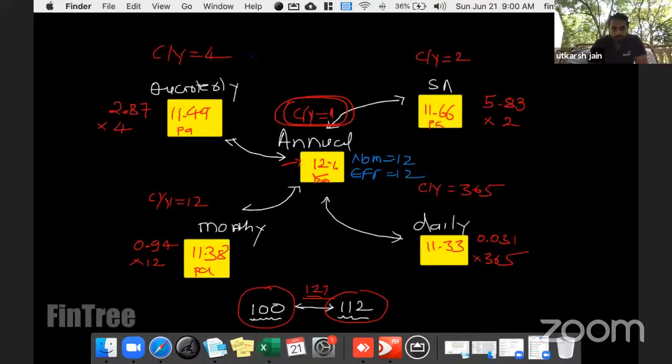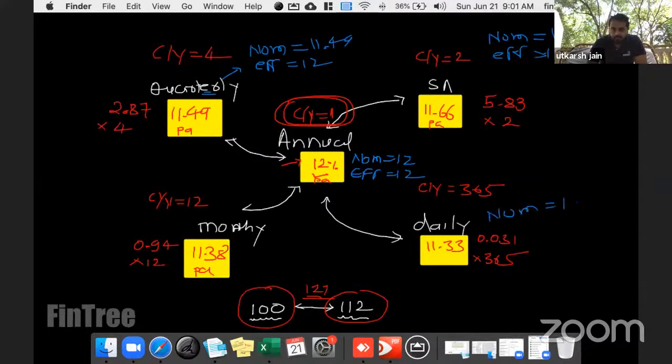For quarterly, nominal is 11.49, but effective of this is 12, because at the end of the day, since I'm compounding 11.49 four times a year, my 100 is becoming 112. Same logic here. Here my nominal is 11.66, but what is my effective? My effective is again 12. What is my nominal here?